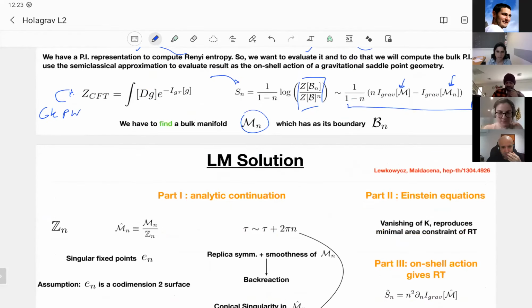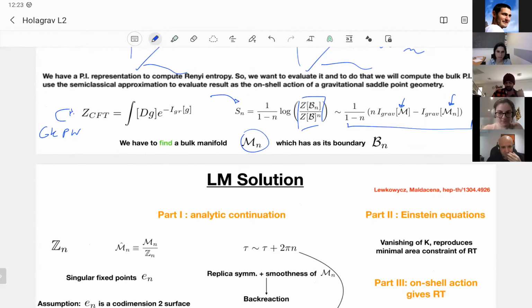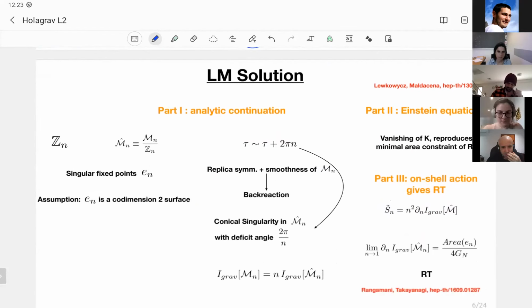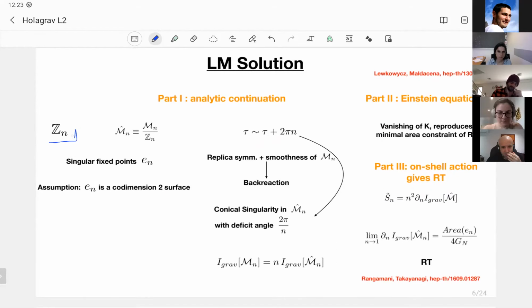What they say is, well, let's try to have a dual gravity solution that also respects this symmetry. And this is going to be important. This is called replica symmetry.